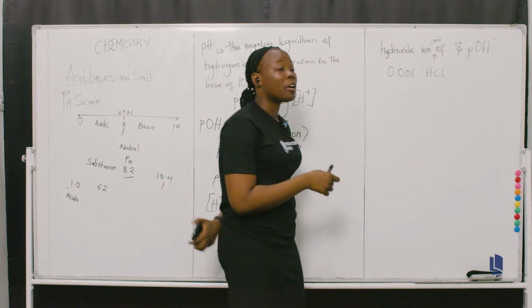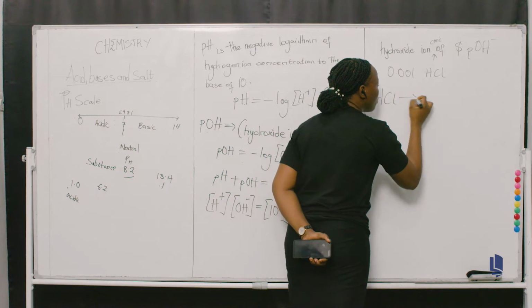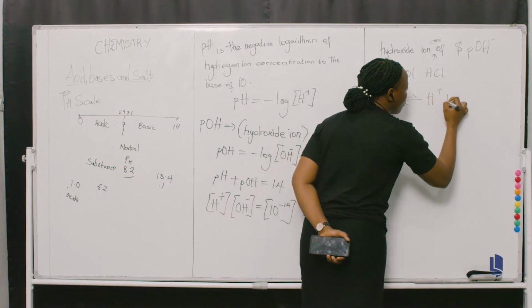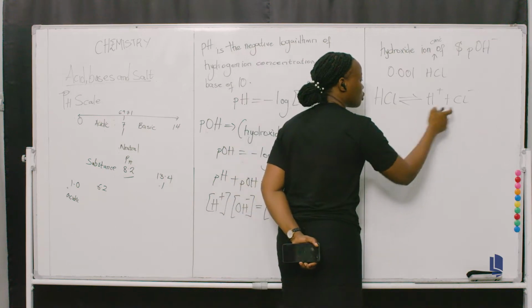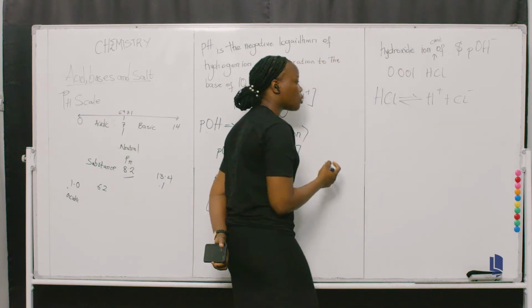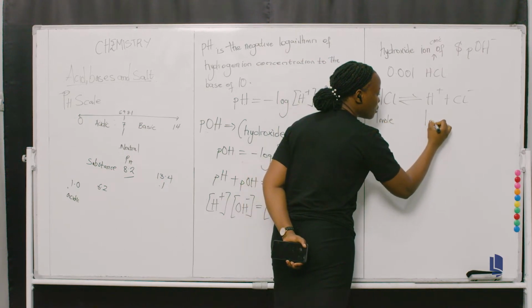The first thing is to write our balanced equation, and our equation will be HCl giving H plus and Cl minus. So from this, we know this is a balanced equation. So I can say 1 mole of this will give 1 mole of this, right?